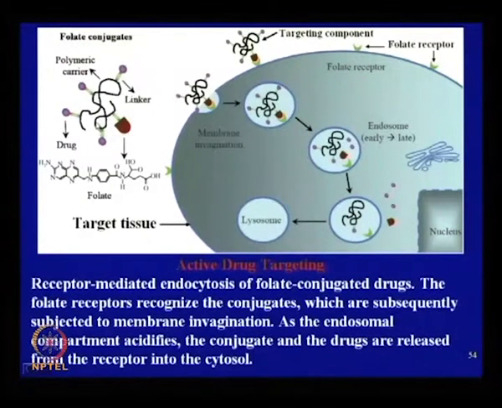So, actually after injection, it will go through the membrane into the cell. Now, if there is a receptor, folate receptor, this is the receptor, and this is the folate connected to the polymer to which drug molecules are connected.